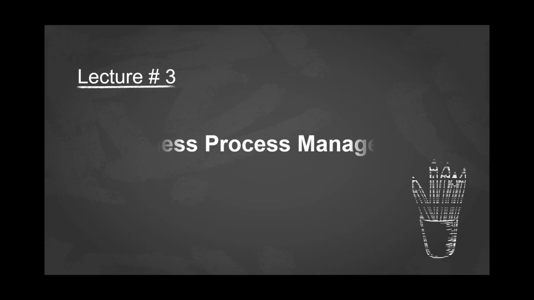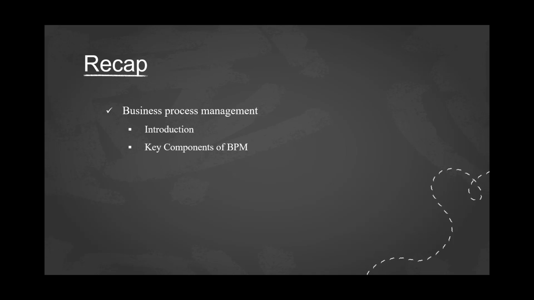This is your lecture number 3 of Business Process Engineering, and we were discussing business process management. In our previous lecture, within the sphere of business process management, first we defined business process management and then we deep dived into the details of business process management and elicited the key components of business process management.